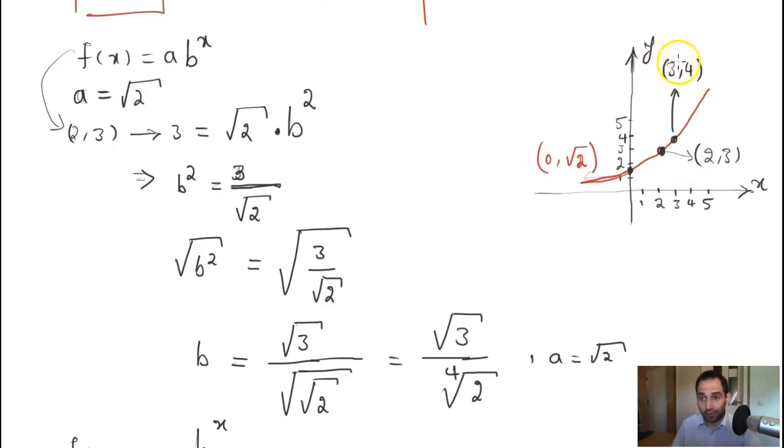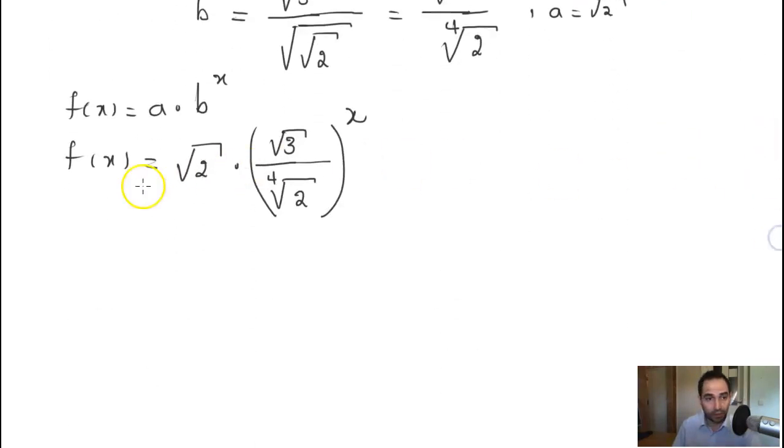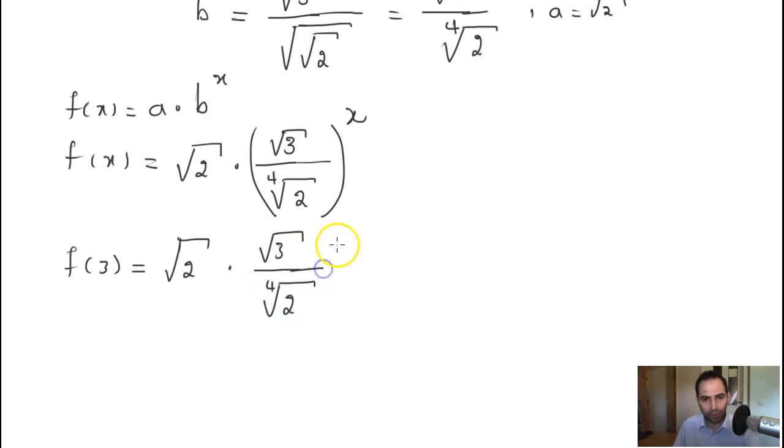So if my input is 3, let's see what happens. f of 3 is equal to square root of 2 times square root of 3 over the 4th root of 2, raised to the power 3. Let me use the calculator.